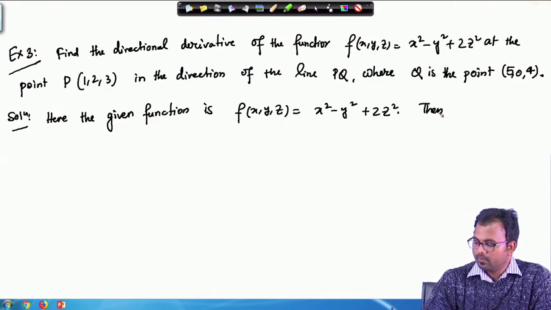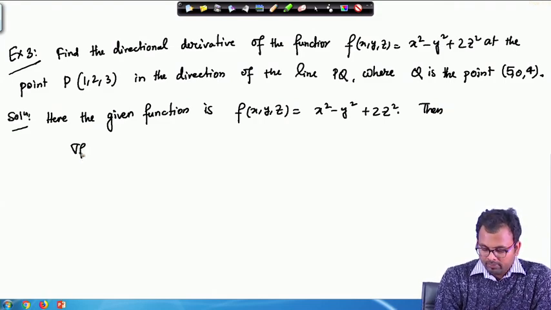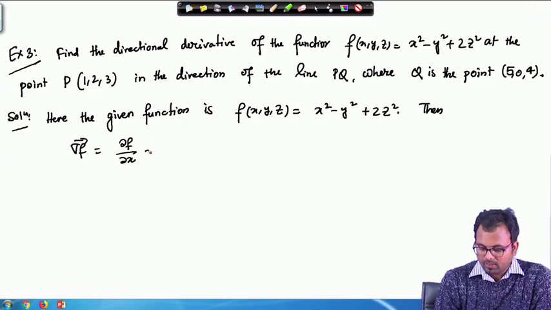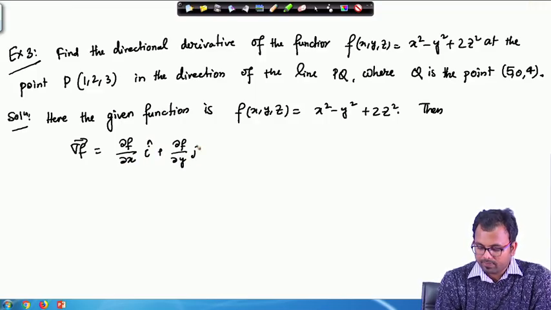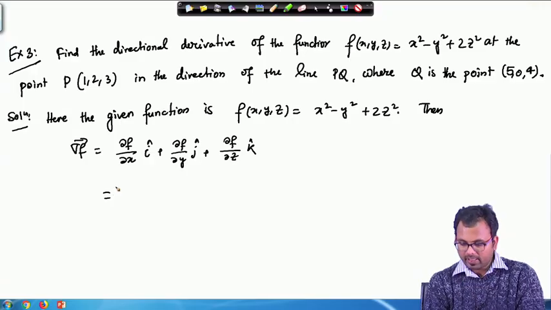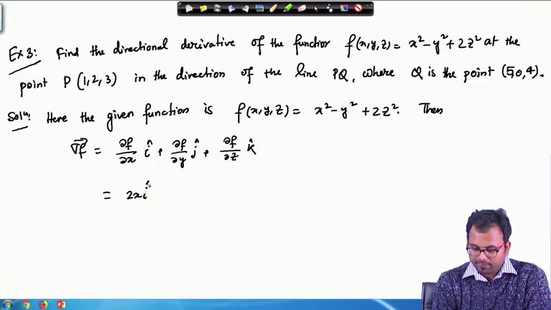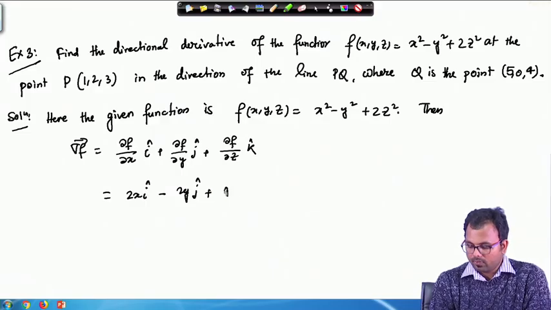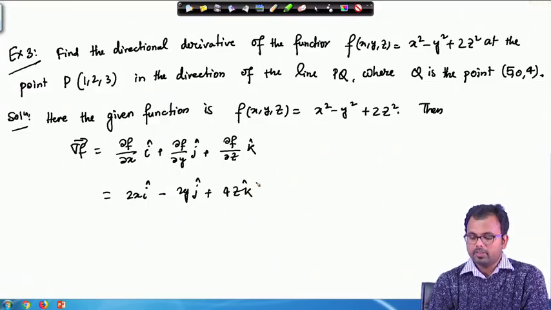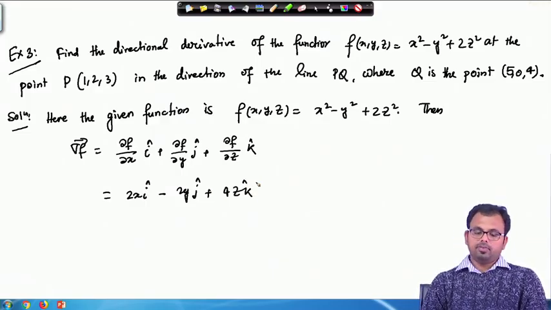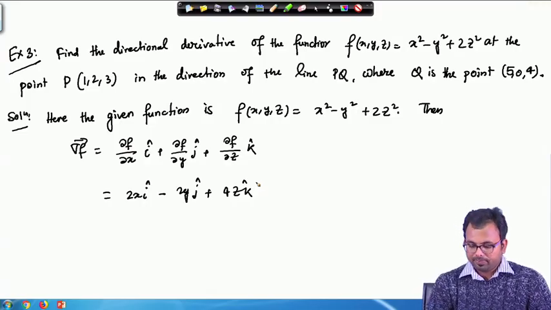Then the gradient is del f/del x i, del f/del y j and del f/del z k. So, when I take del f/del x, it will be 2x i, then minus 2y j and then 4z k. That is the required gradient of the function f.